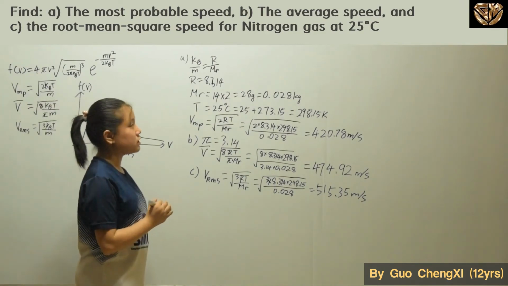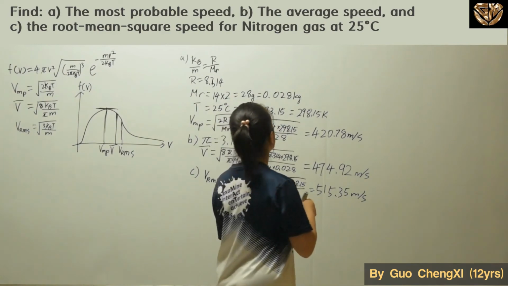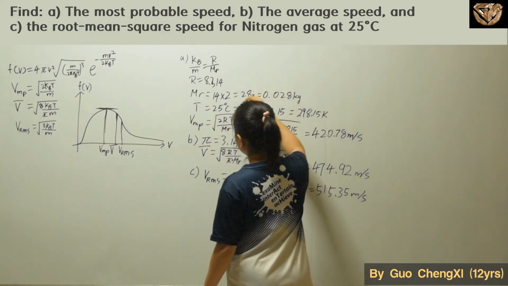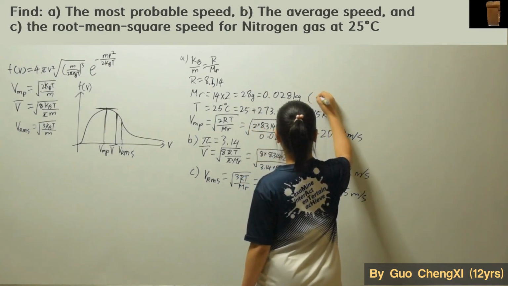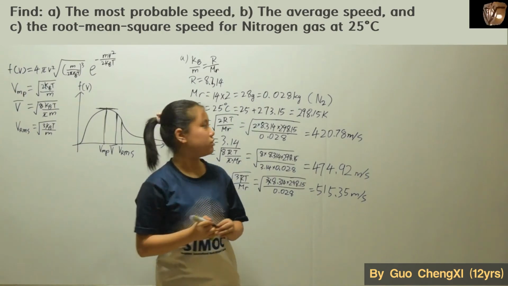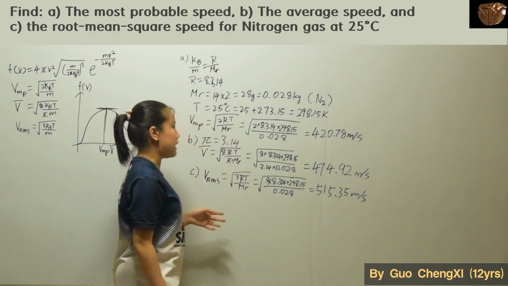For this part, there's a few things you need to take note of. The first is for the nitrogen gas, because over here it is N2. If you just put N, that is just nitrogen, it is not nitrogen gas.